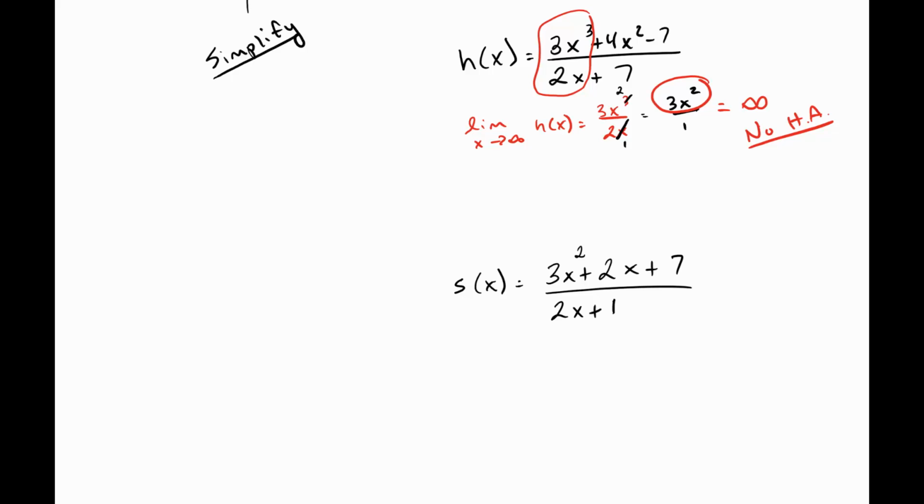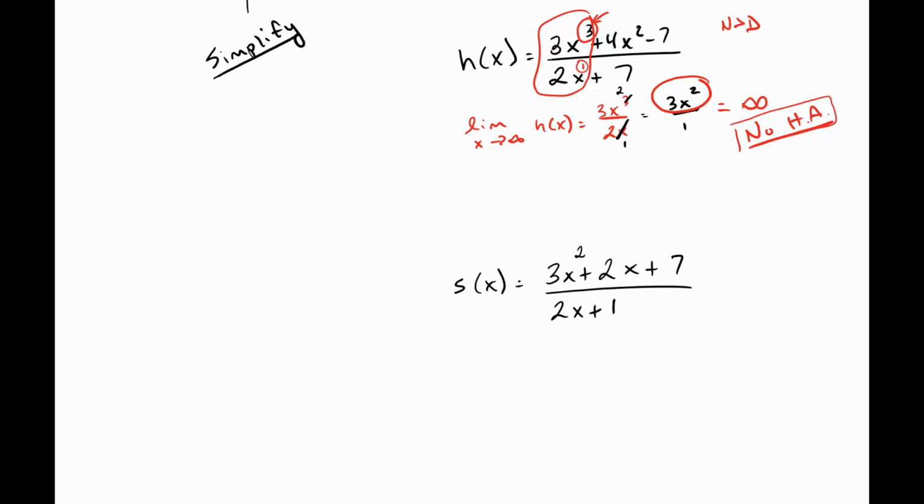It has a lot in common with this case where we have no horizontal asymptote. In this one, you'll notice the degree of the numerator was 3 and the degree of the denominator was 1. So in other words, the degree of the numerator was greater than the degree of the denominator.